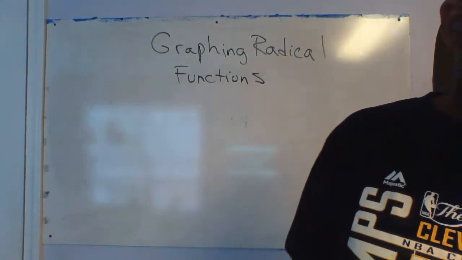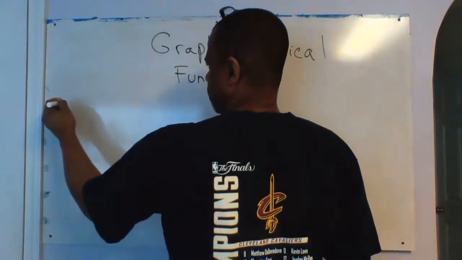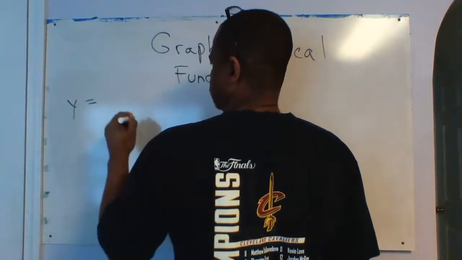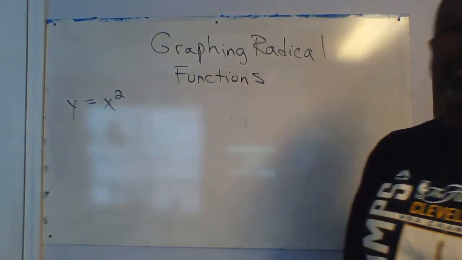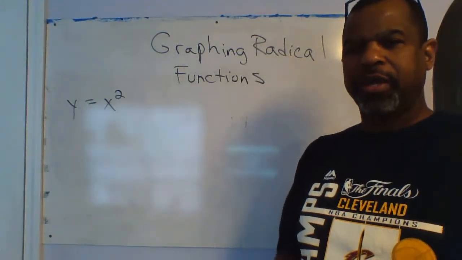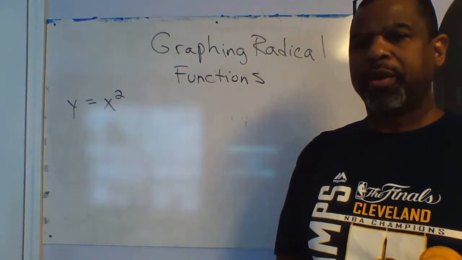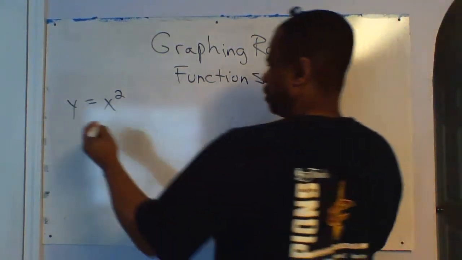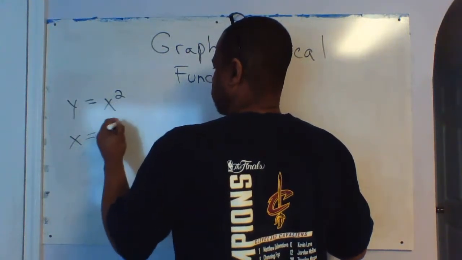Okay, so we're going to look at the example. So remember we had y is equal to x squared. When you're doing radicals, you're basically doing the inverse of your exponent. Remember how we did the inverse? We just simply switched these. So this is x, this is y squared.